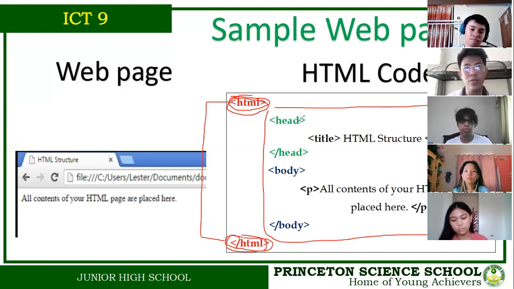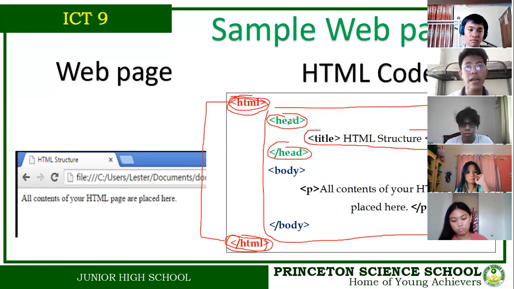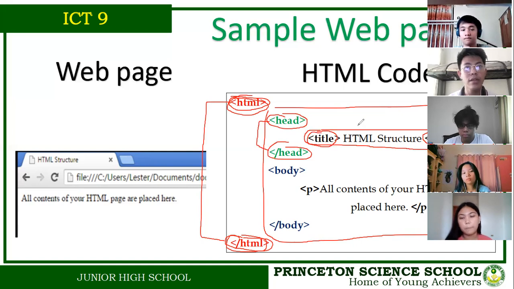Like for this one, the next one, we have the head. The head tag is enclosing the title tag. See there? And the title tag is enclosing the contents. Same for the body.